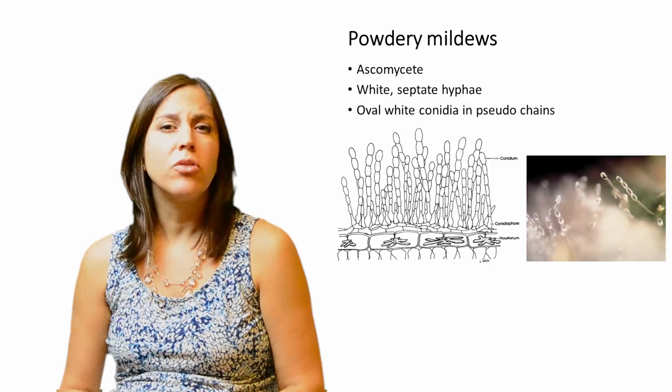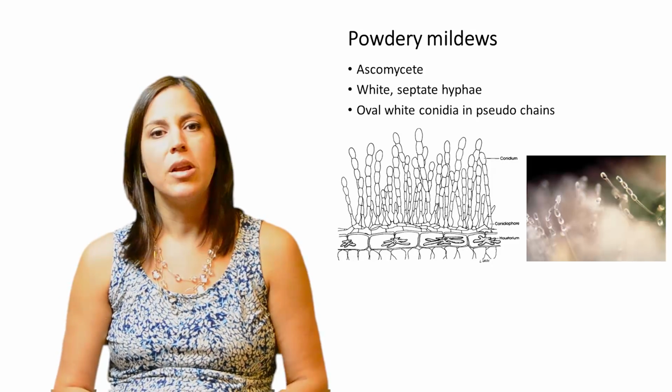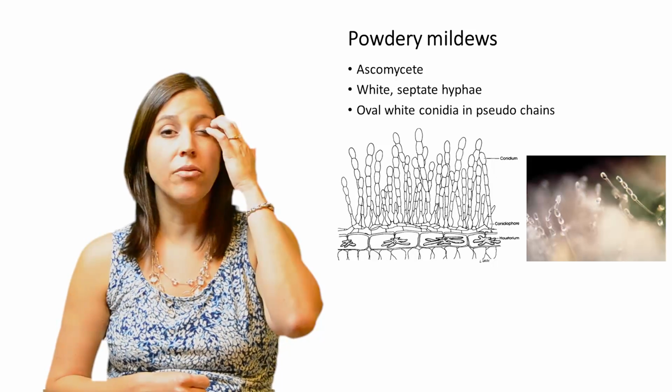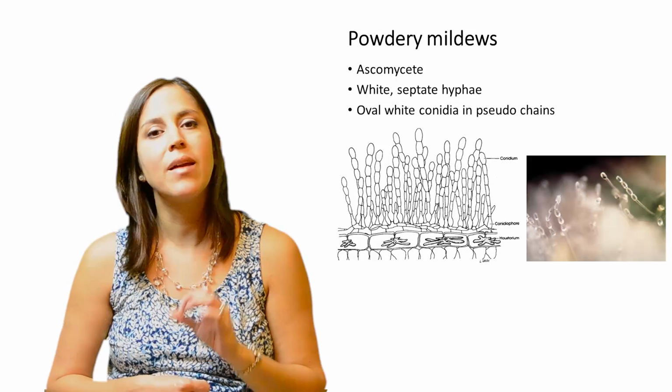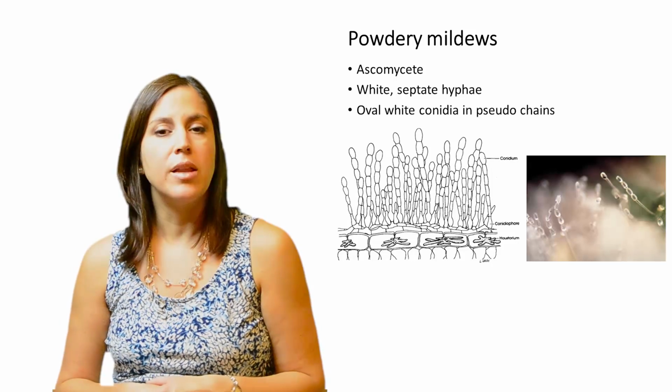So powdery mildews are from the family of the ascomycetes. In general they're white. They have a white septate hyphae, and they produce oval white conidia in pseudochains.